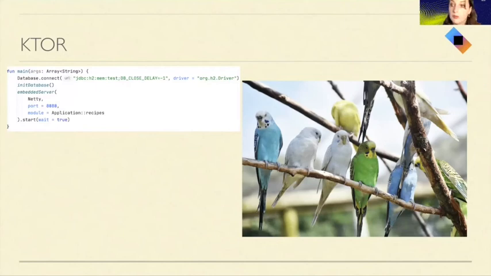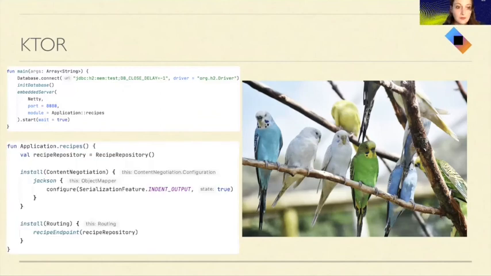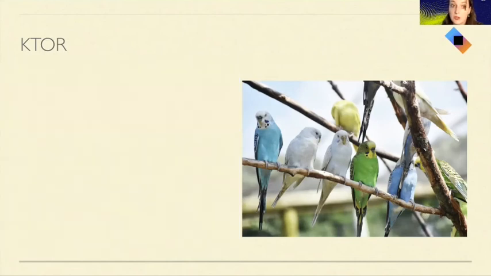I need to configure modules that I want to boot on this application. Ktor relies on modules as well. And my module here is an example of the recipes module, where I decided to also configure the content negotiation and injection, for instance, and declare all my endpoints of that module.